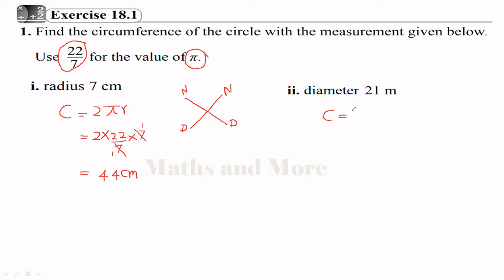But here C equals pi D. This formula is C equals pi D. So for all the problems, you can use that. Pi is 22/7.